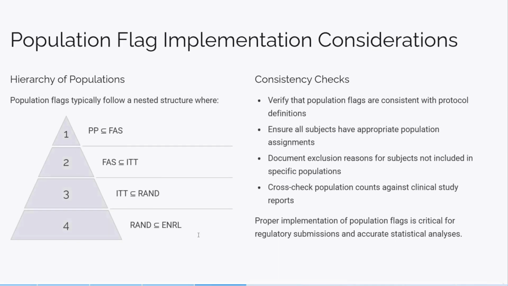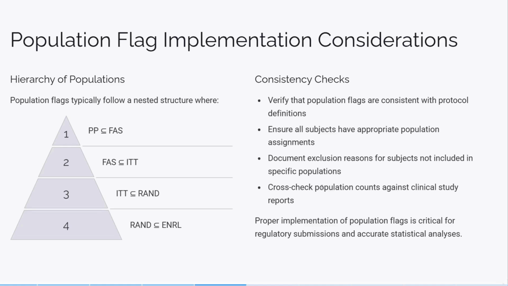So here, the hierarchy of the population flags typically follows a nested structure. You'll have a per protocol flag, then the full analysis flag. Basically you need to check consistency: verify that population flags are consistent with the protocol definitions, and make sure all subjects have appropriate population assignments.